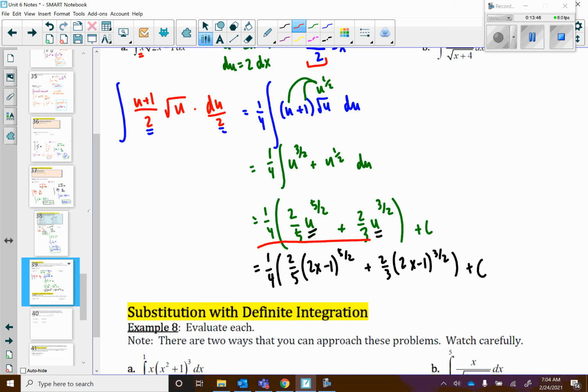And so the thing that happened differently this time is that our derivative didn't cancel, but we were able to change our values to all just be in terms of u, which made it an easier integral problem.